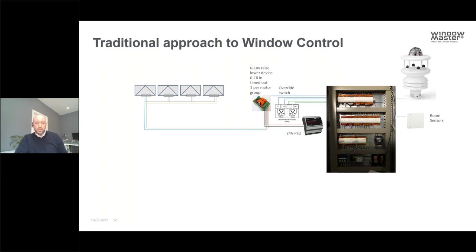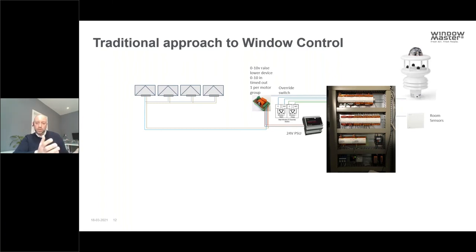and this is a traditional approach to window control where you've got your BMS, and this can be any of the big systems guys, and they want to get the best performance out of their system that they can. So you'd have your BMS, you'd have your weather station to monitor what's going on outside, and your room sensors.